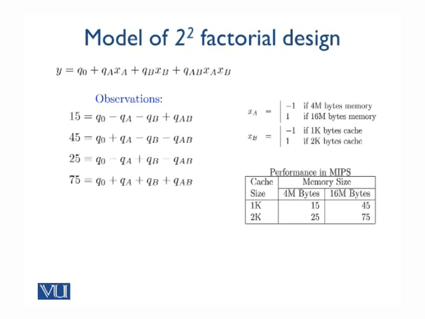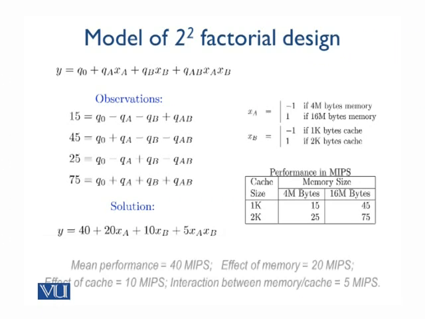By changing xA and xB, you can put into a mathematical format our observations. So you have 4 equations here, and you have 4 unknown variables, q0, qA, qB, and qAB. So we can now solve for these variables, and the regression equation that we get is y is equal to 40 plus 20 xA plus 10 xB plus 5 xA xB.